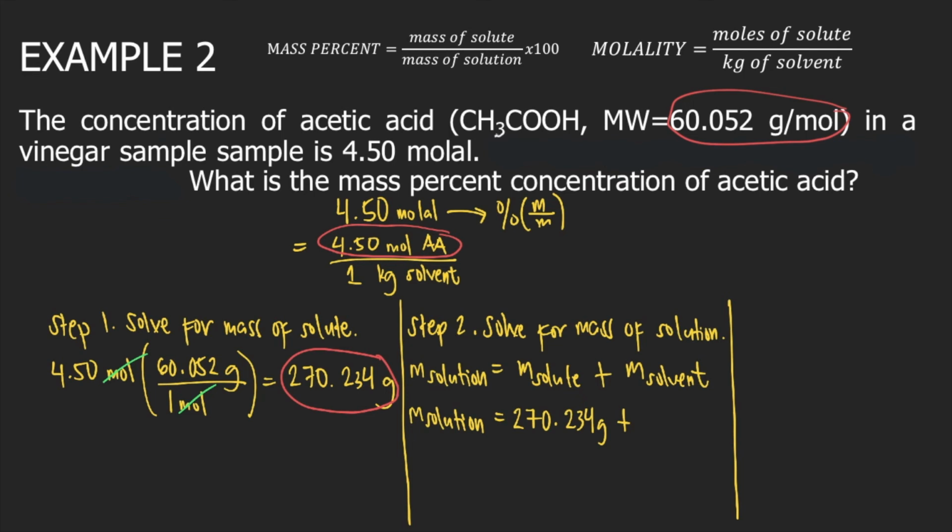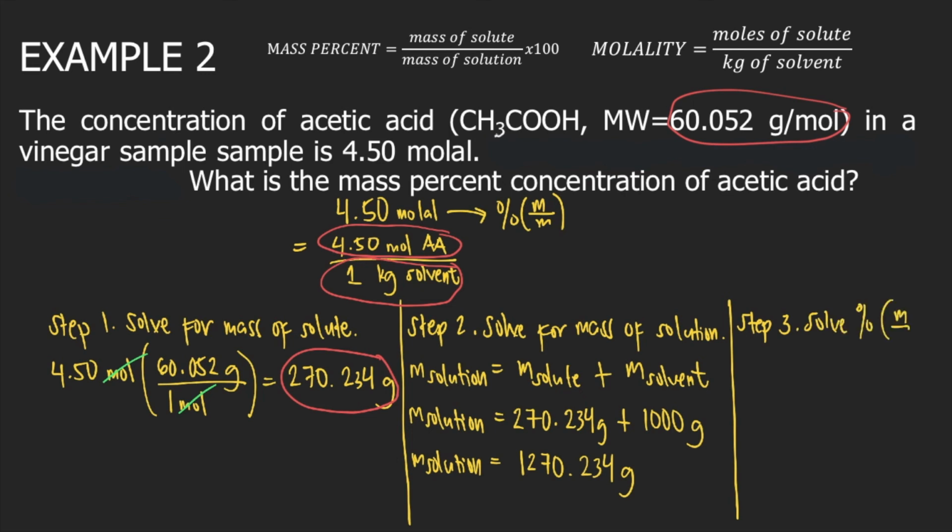We are given 1 kilogram of solvent. To make the units consistent, we convert 1 kilogram to grams, and we know that 1 kilogram is equivalent to 1,000 grams. Therefore, the mass of solution is equal to 1,270.234 grams.